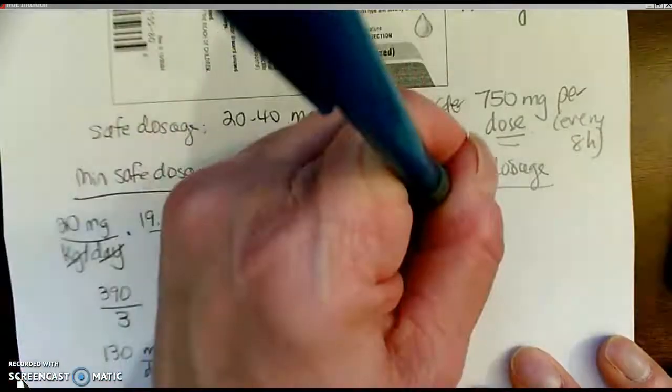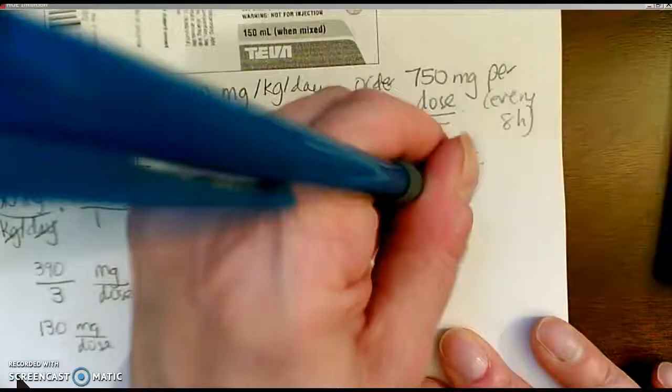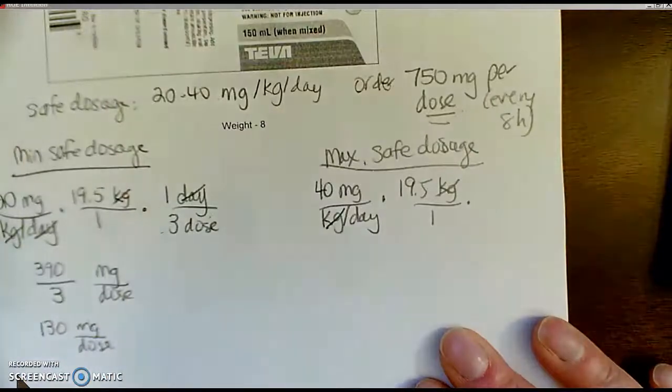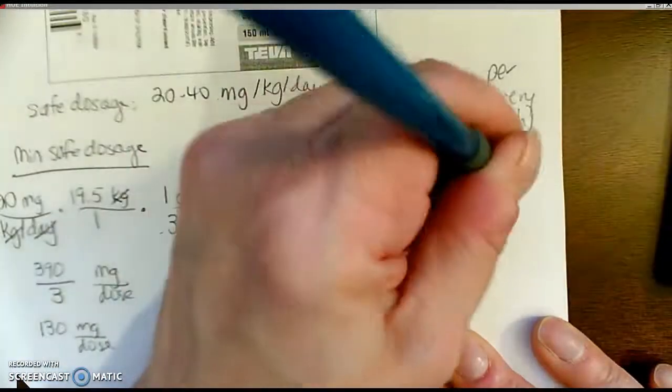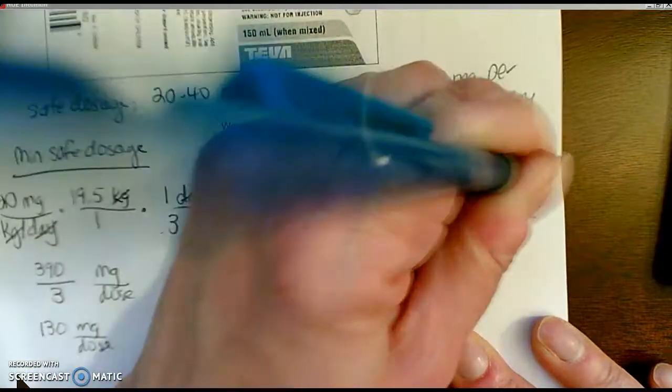Now for our maximum safe dosage, we're going to do exactly the same calculations. 19.5 kilograms cancels out the kilograms, and then we multiply by 1 day over 3 doses, which cancels out the days.